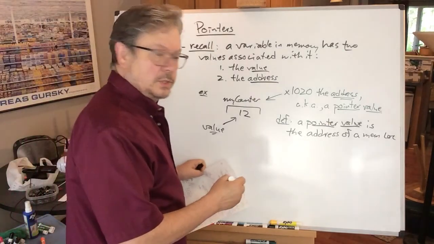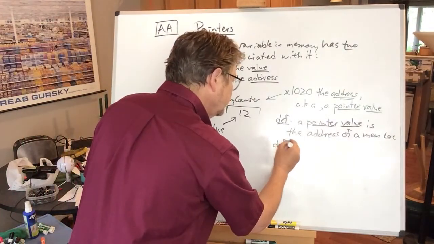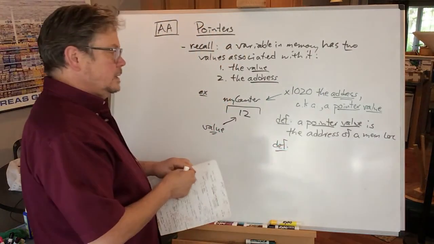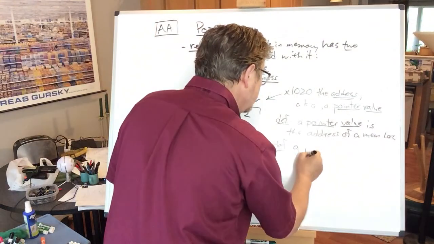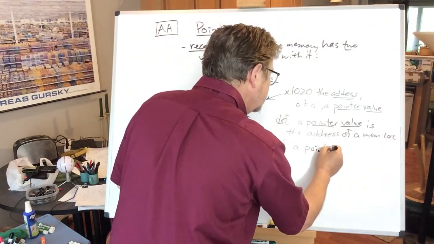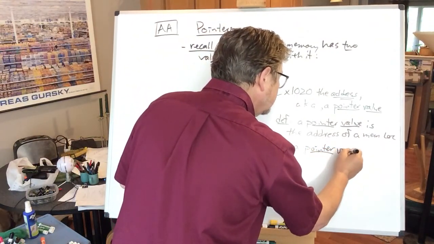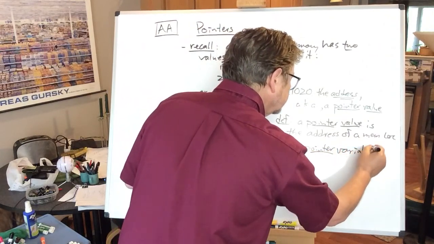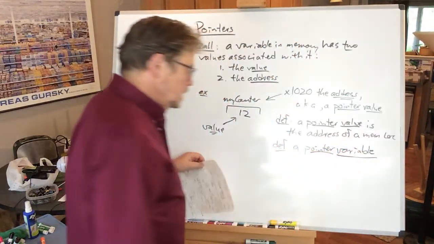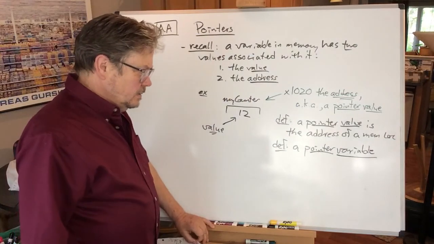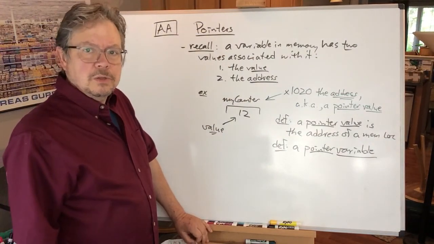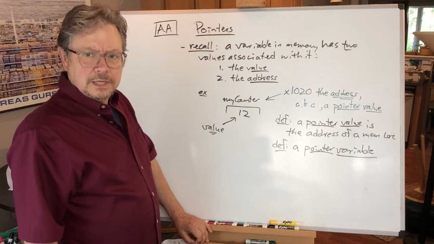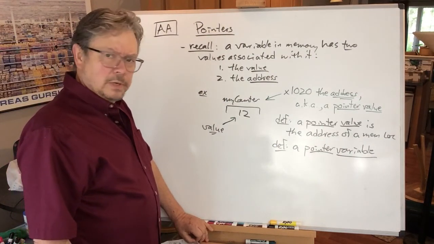Another definition. The one that's going to be increasingly important to us. A pointer variable. P-O-I-N-T-E-R. Variable. Now let's pause and think about that for just a second. A pointer value is the address of a memory location. We're always going to see those specified in hexadecimal because that's how the machine's looking at them, shorthand for binary.